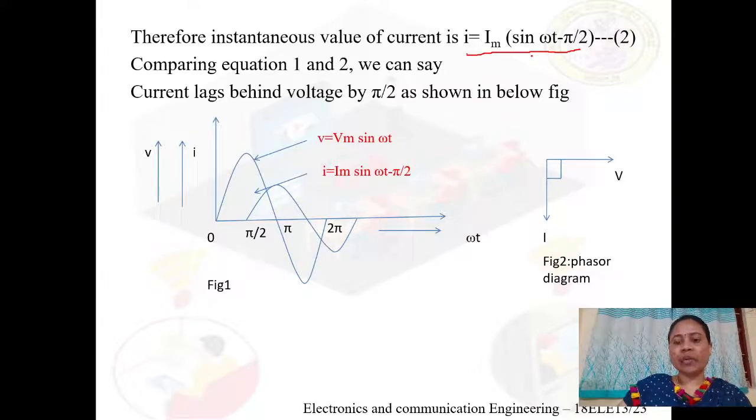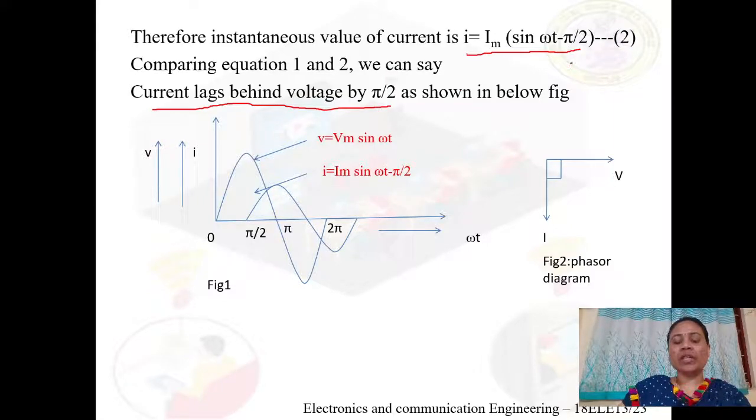What is happening for voltage? The phase value is omega t. And here for the current it is omega t minus pi by 2. So there is a difference in phase of voltage and current. So what we can say, since it is minus pi by 2, current lags the voltage by pi by 2.